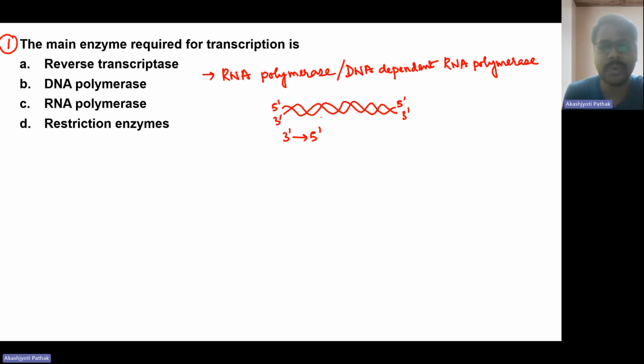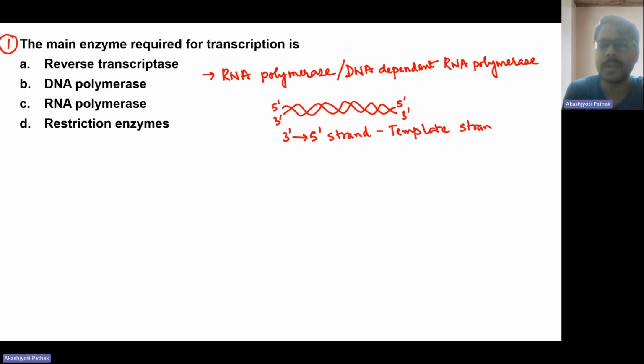It can add new ribonucleotides to the 3' OH group of the previous ribonucleotide. So the 3' to 5' strand is called the template strand.